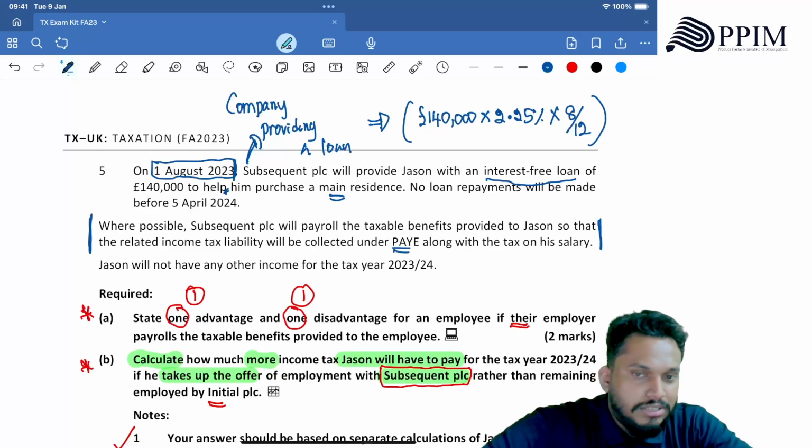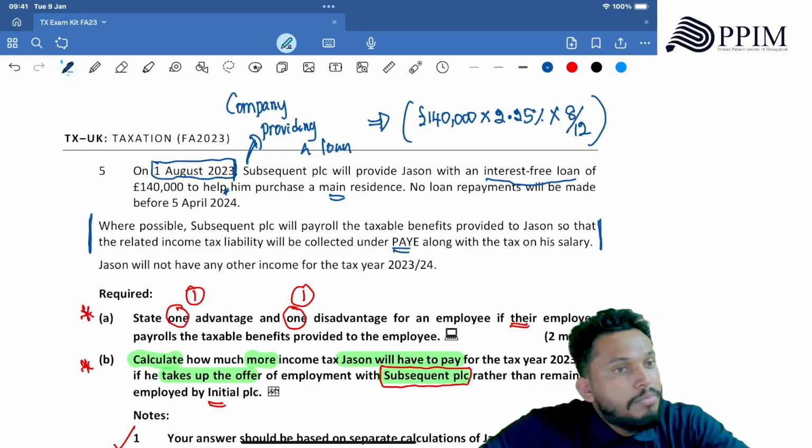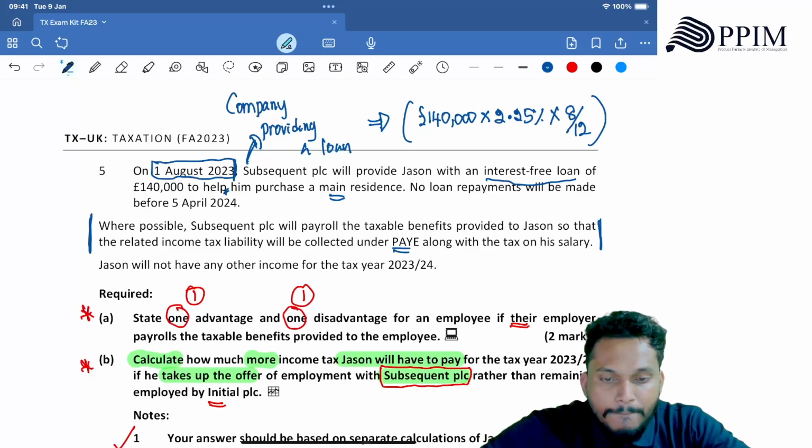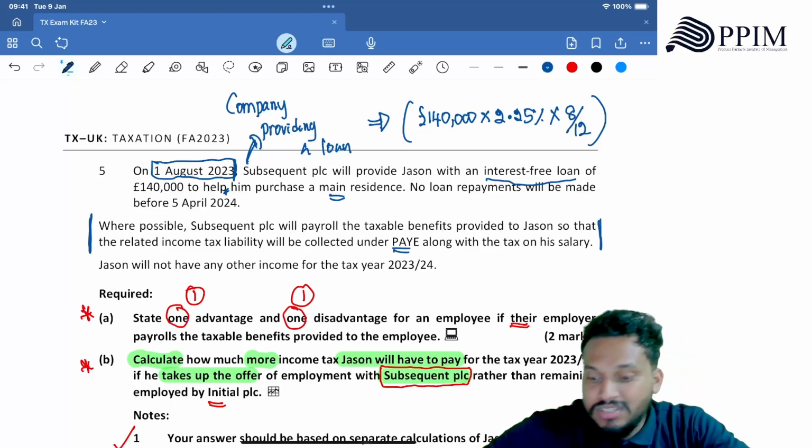Pay as you earn. And along with his salary, that is actually related to the third part of the question. Does that mean that they are paying his tax? PAYE means as soon as you earn your income, you need to pay your taxes. They'll calculate and pay it through the system.